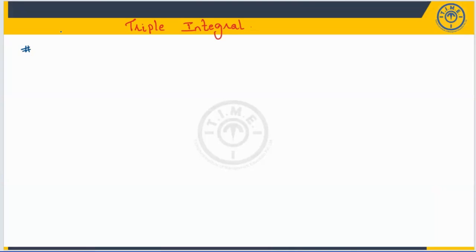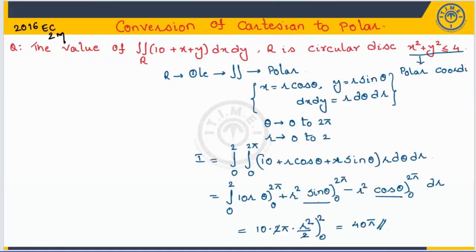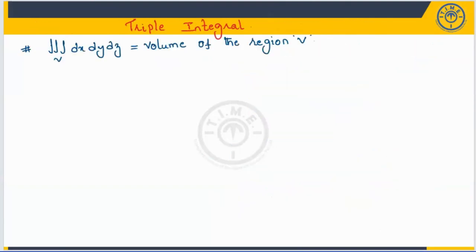The triple integral over V of dx dy dz represents the volume of the region V. In double integrals we have seen conversion of Cartesian to polar, but in triple integrals we'll see conversion of Cartesian to spherical and Cartesian to cylindrical.